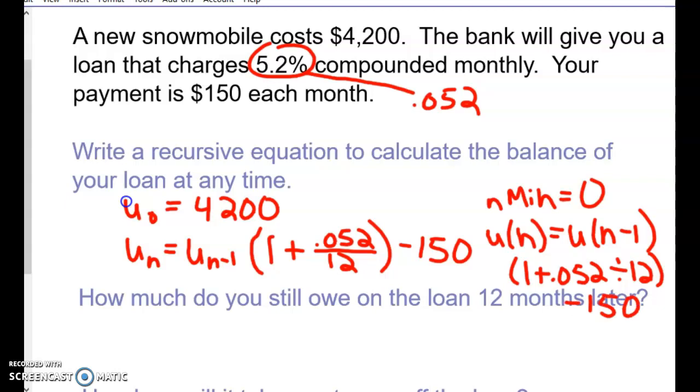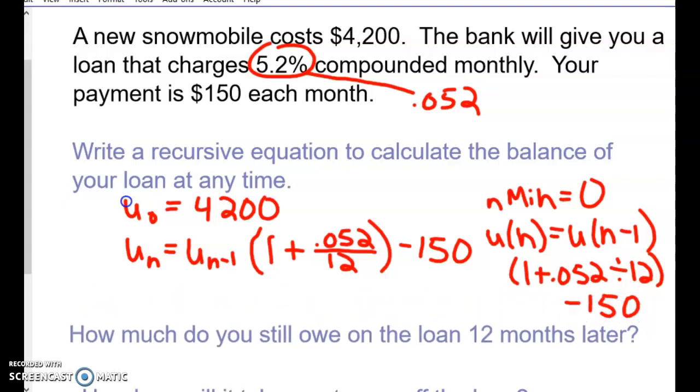Okay? I'm running out of a little bit of room here, so let me move this down. And then we also want to say what the u(nMin) is in the calculator, and that is 4,200.